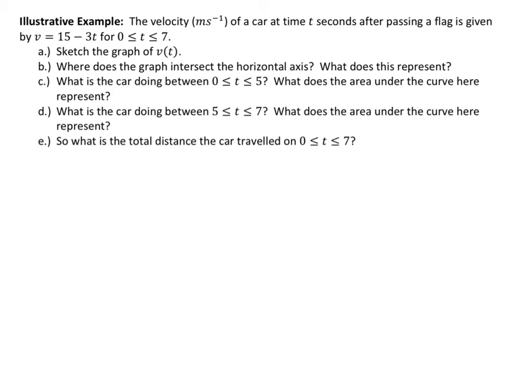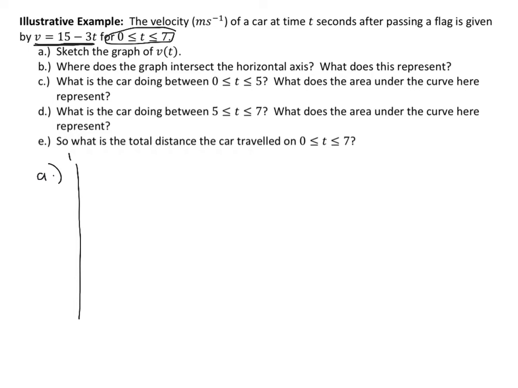Okay? So imagine that the velocity of a car, some number of seconds after passing by some flag, is given by this function. So the velocity is 15 minus 3t on the interval from 0 to 7. For the first thing, I want us to sketch this graph. Hopefully this should be easy because this is a y equals mx plus b kind of thing, right?